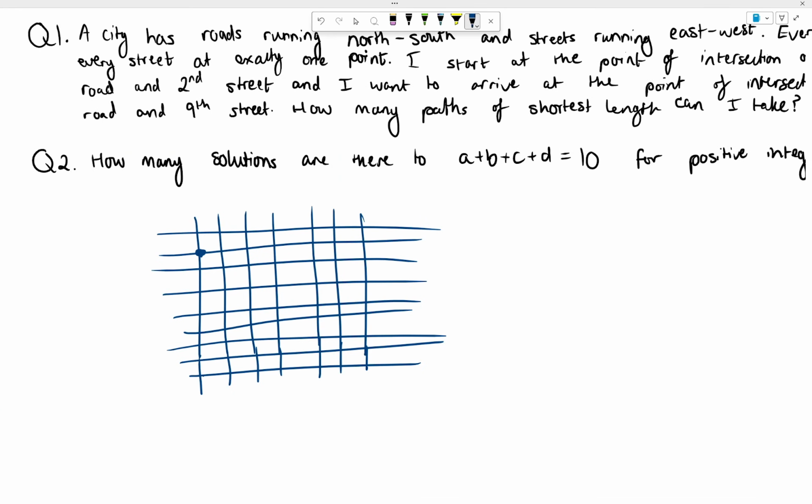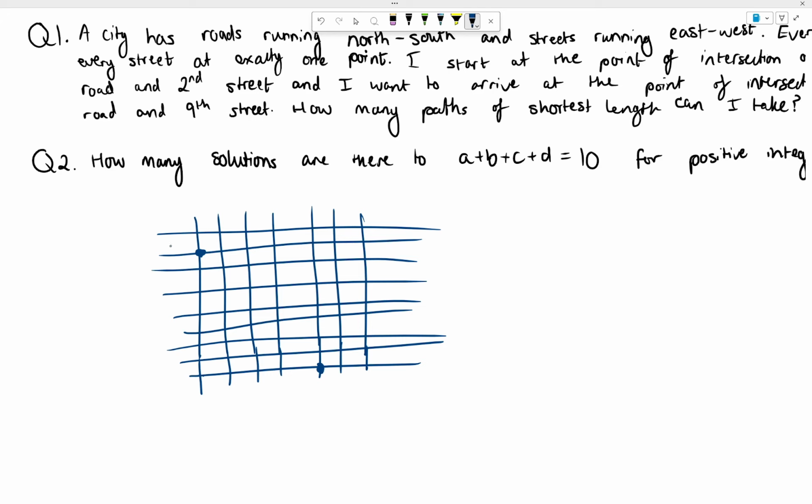So 1, 2, 3, 4, 5, 2, 3. Oh, sorry, I'm counting the wrong way around, but 2, 3, 4, 5, 6, 7, 8, 9, 2, 3, 4, 5. So I want to arrive here. And we want the paths to be of shortest length.